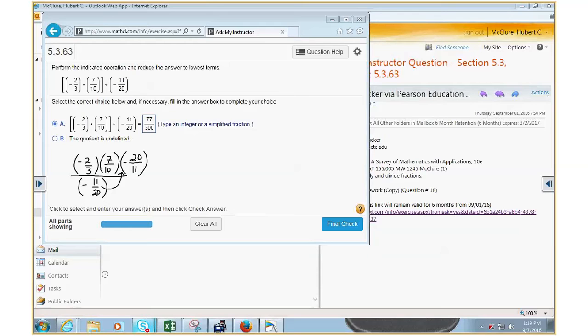Doesn't matter how you want to do it. Just do it because with multiplication there's no way you're going to screw up. Because 2 times 3 is the same as what? 3 times 2. Capiche?